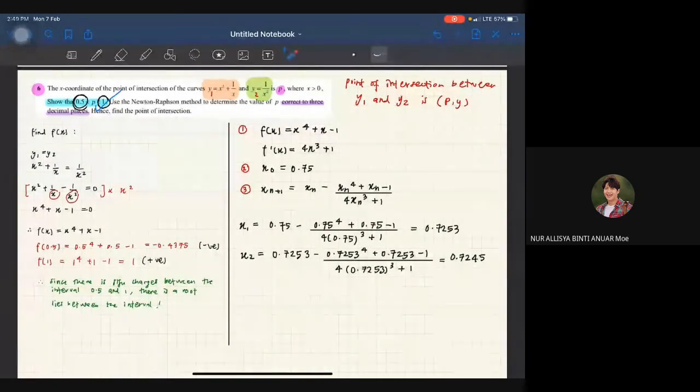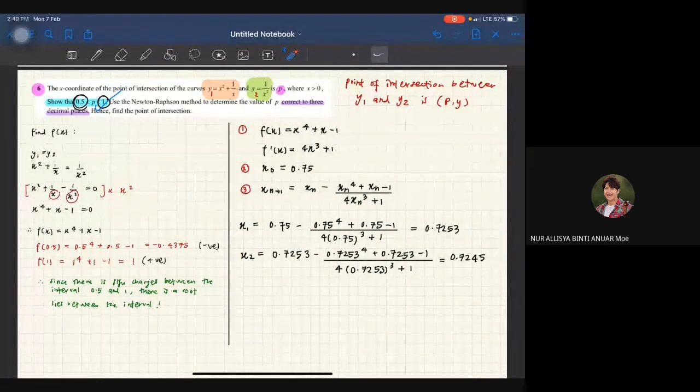Okay, so kejap. Eddie ada tanya, Miss, if I just 0.7253 minus f of 0, can kah? Okay, so saya nak cakap tak boleh, boleh tak? Can I say no? Okay, so sebab you have marks for substitution, for correct substitution.